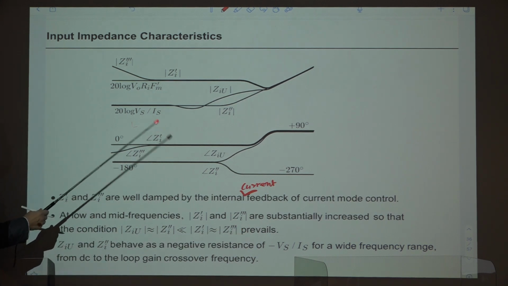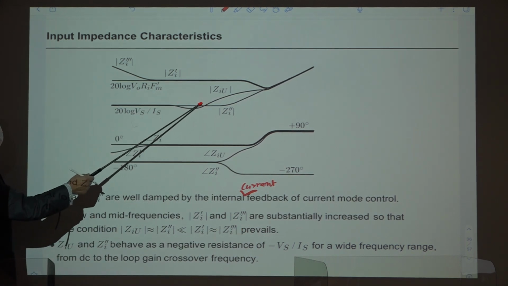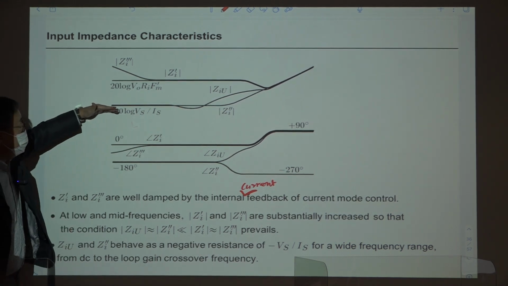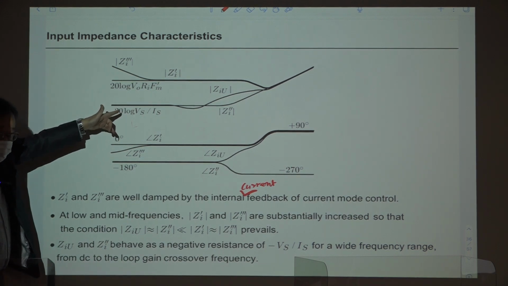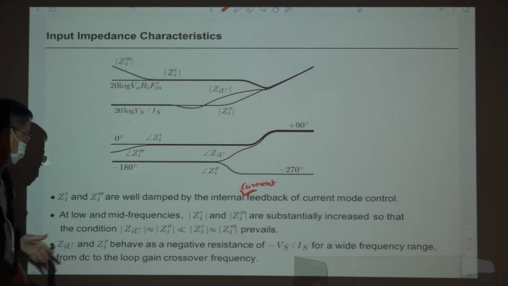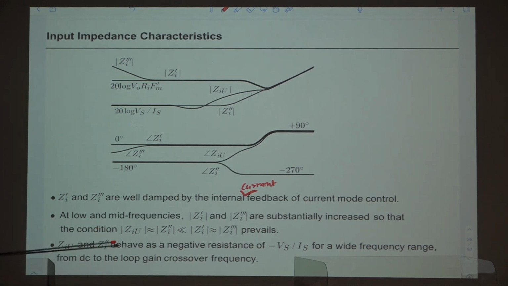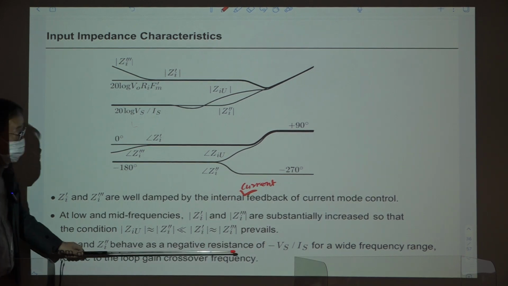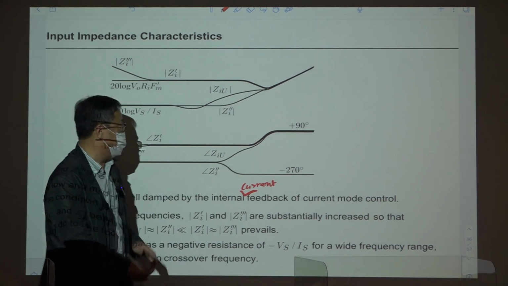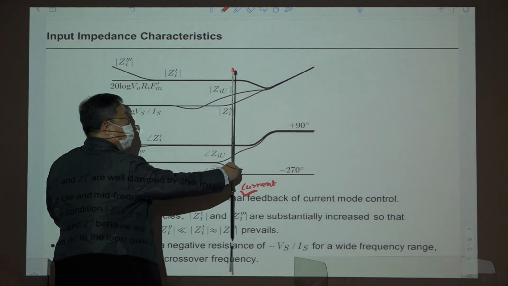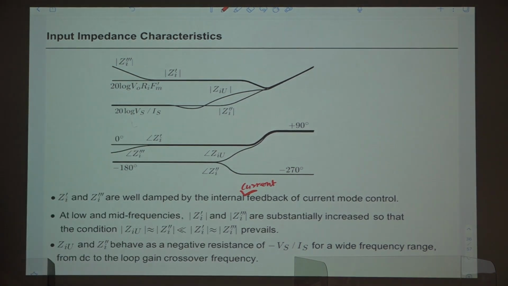So GIU and the GI double prime merge together at low values, and the other one merges together at much higher values. So we have this huge difference, okay? And this GIU, closed loop input impedance, behaves as a negative incremental resistance of this value over a wider frequency range, starting from DC to this part, okay? So this is the result of the input impedance analysis.